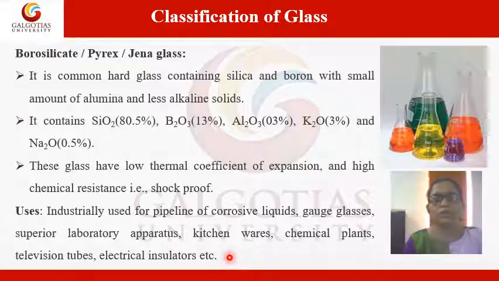See, these are the different laboratory apparatus, these conical flasks are made up of borosilicate glass. In the laboratory, you can also find glasswares on which it is written that this is borosilicate glass.